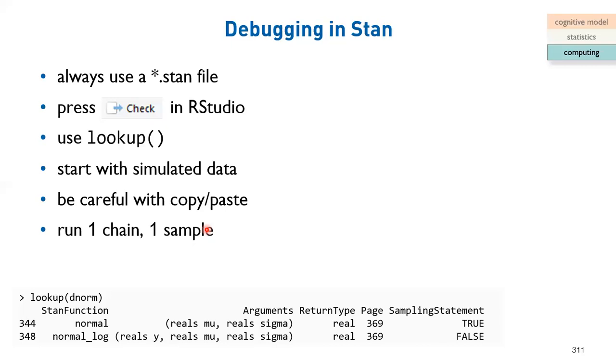The rationale here is that if 1 chain and 1 sample, even though that doesn't make sense, runs through from the beginning to the end, usually that doesn't really take too long, right? As long as that runs from the beginning to the end for 1 chain, it shouldn't have a problem if you run multiple chains, multiple samples. So this is what I do. I usually code a function which has a flag.